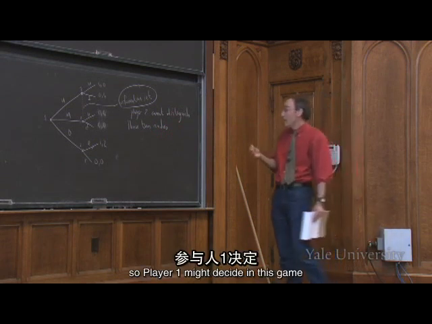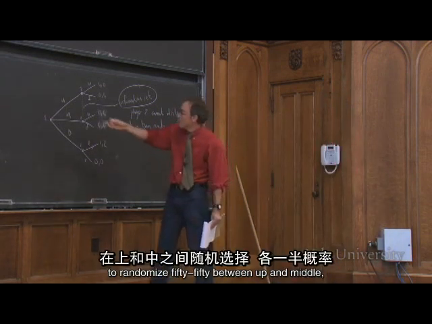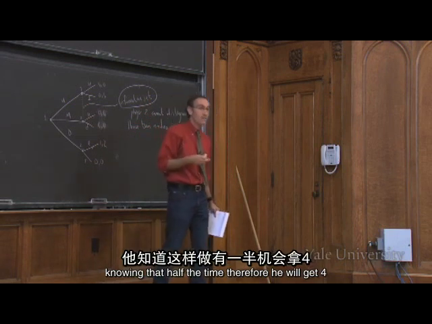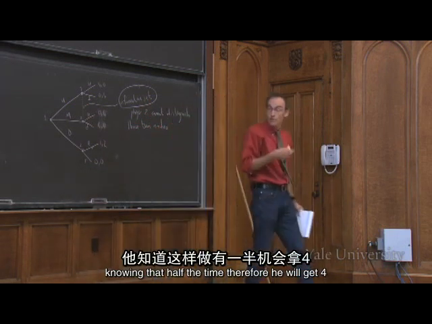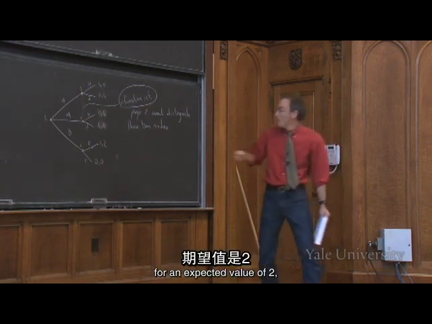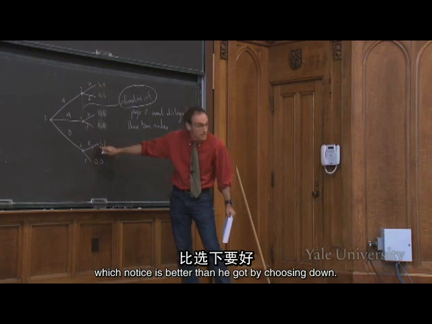So player 1 might decide in this game to randomize 50-50 between up and middle, knowing that half the time he will get 4, and half the time he'll get 0 for an expected value of 2, which notice is better than he got by choosing down.